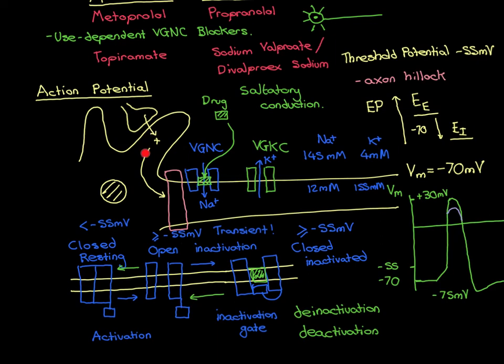So if you get stimulation to fire another action potential, what's now going to happen? The exact same thing as happened previously, okay? You will depolarize the electrical potential difference across the cell membrane up to negative 55. Our voltage-gated sodium channels in this region that are all currently in the closed resting state will go into the open state, and again the drug will come on, but not much of the drug will come on in the open state, so it will reduce down the action potential upstroke again.